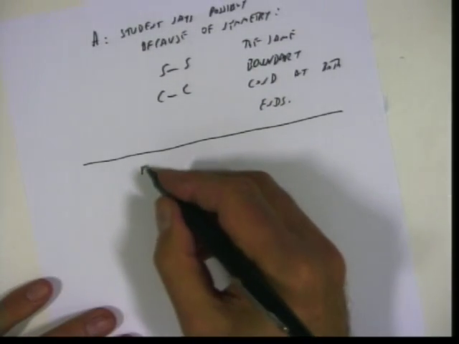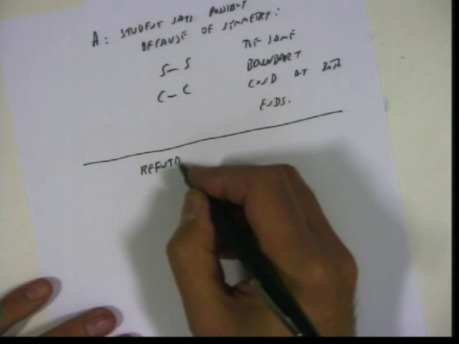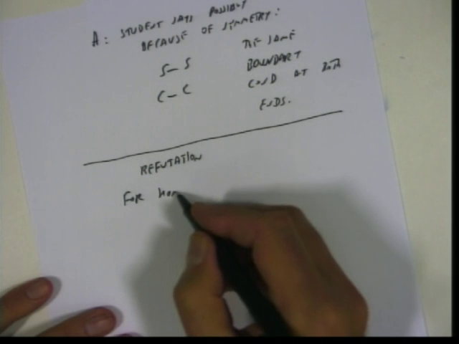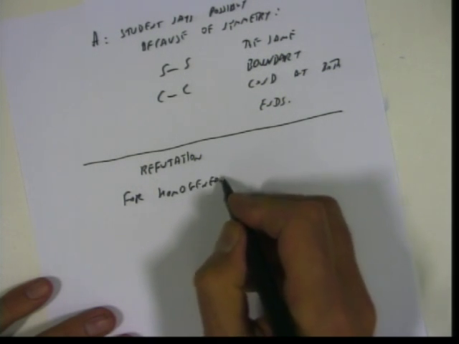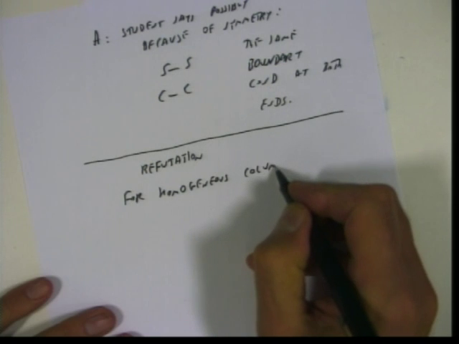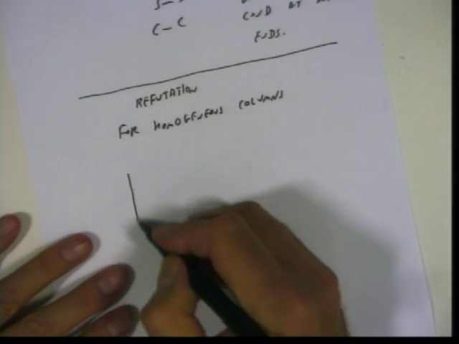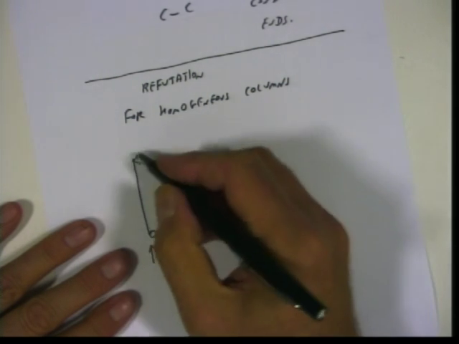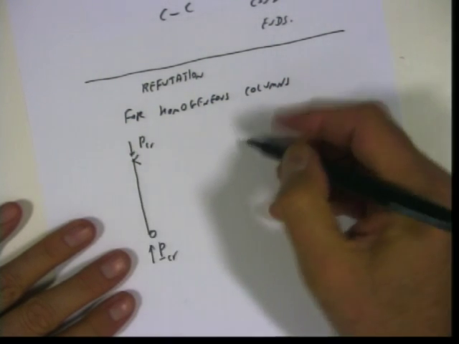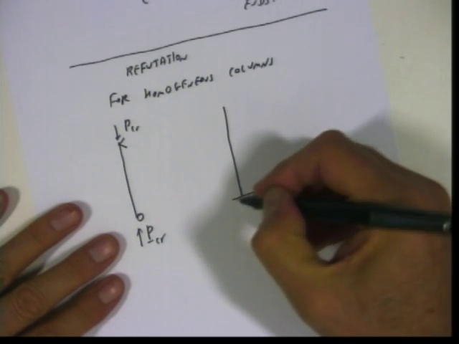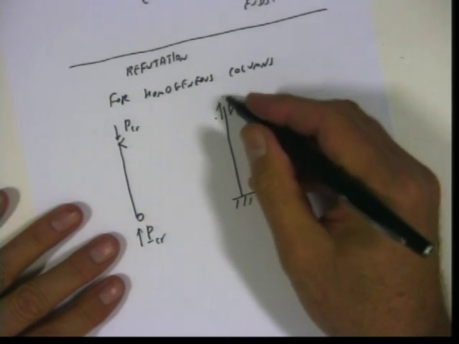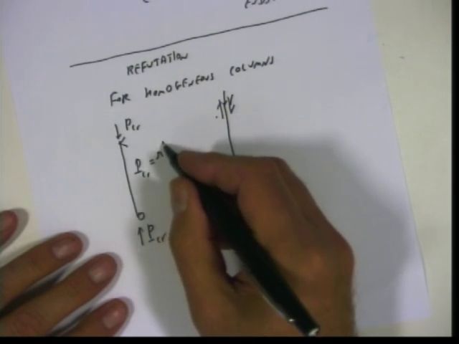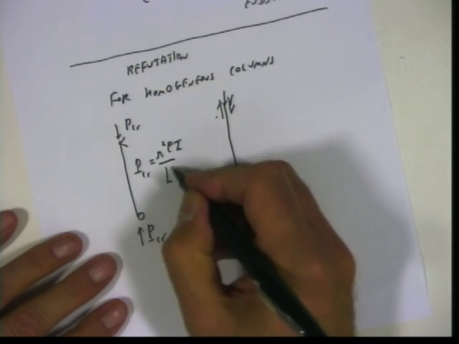Okay, so refutation. For homogeneous beams, homogeneous columns, look, we have this simply supported, and this is clamped. Here, P critical equals pi squared EI over L squared.